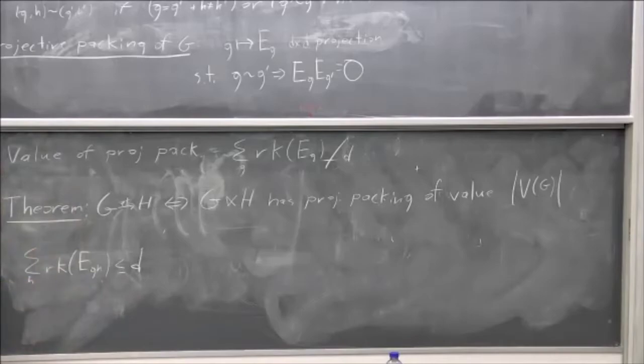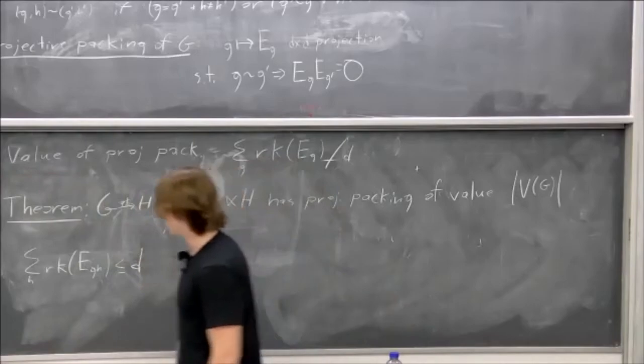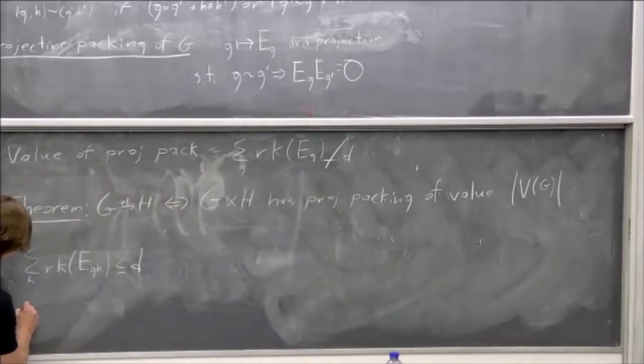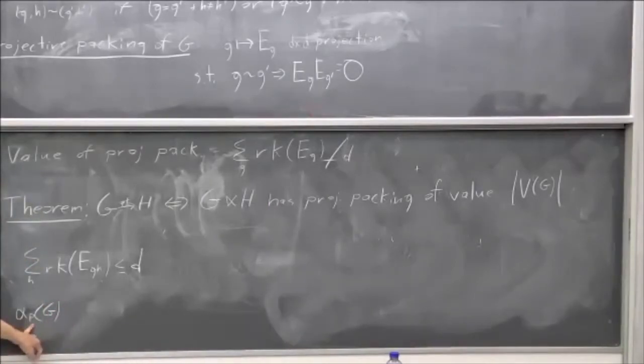This is the theorem, and I'll also briefly mention that I can define the projective packing number of a graph, which I write alpha sub p, and this is going to be the supremum of the values of a projective packing of G. We need to take the supremum, because we don't know we can take the max, since there's no guarantee that you can actually attain whatever the supremum is.